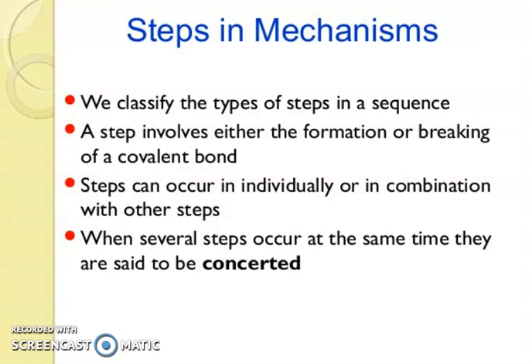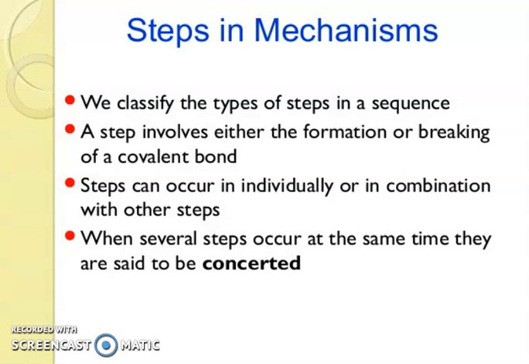Steps in mechanisms. We classify the types of steps in a sequence. A step involves either the formation or breaking of a covalent bond, and steps can occur individually or in combination with other steps.